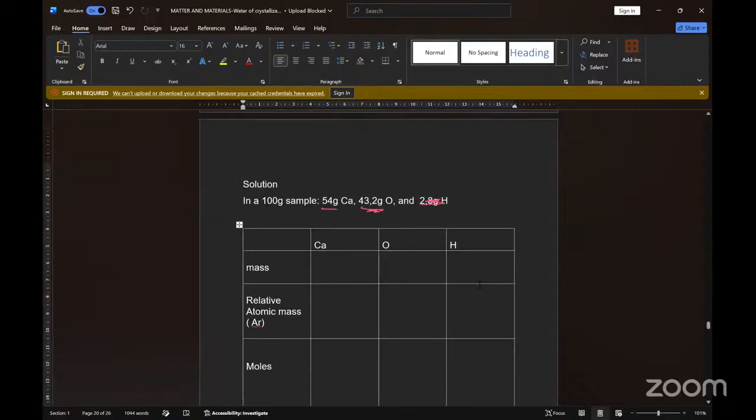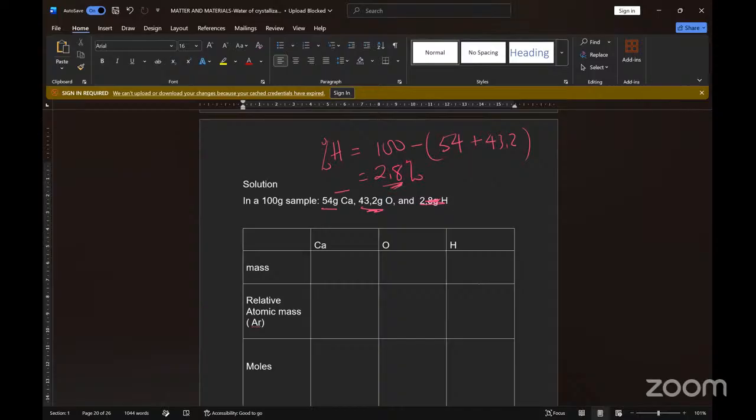So how do we calculate hydrogen? The percentage hydrogen is going to be equal to 100 minus 54, that is for this one, plus 43.2. Okay? So when you do that, you will get it as what? 2.8%. Okay?